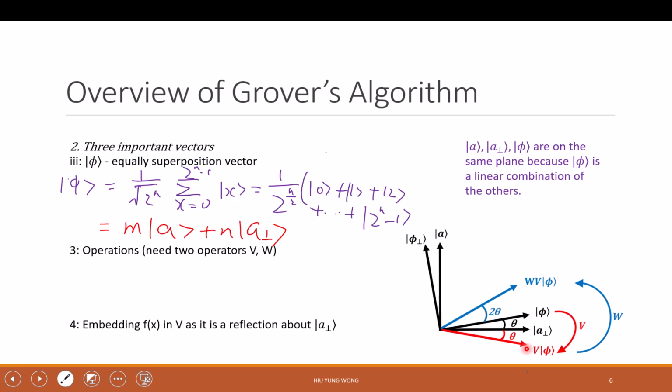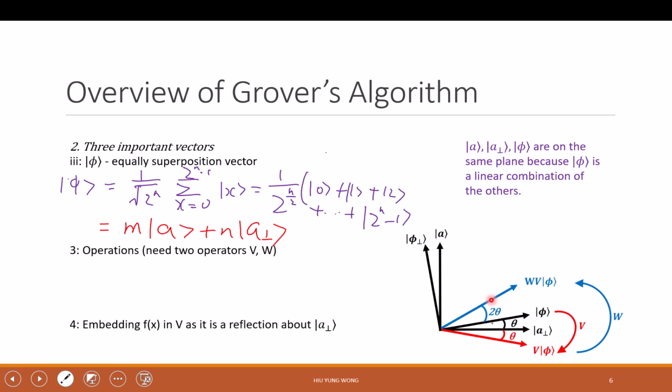You just flip a mirror image about A perpendicular. Another operator is W. What it does is flip any vector about phi. Not about A perpendicular, but about phi. Again, just find the mirror image of this vector about phi, so it's equivalent to rotating it by 2 theta.